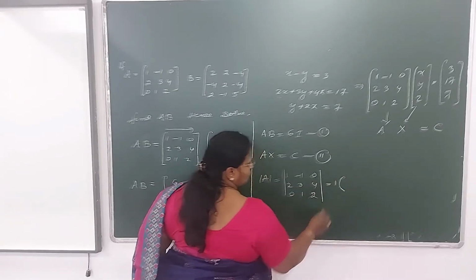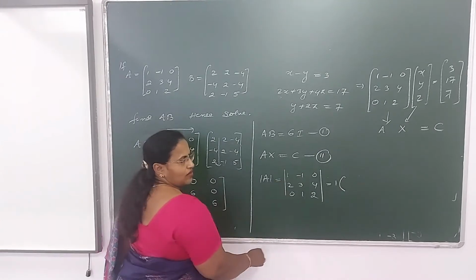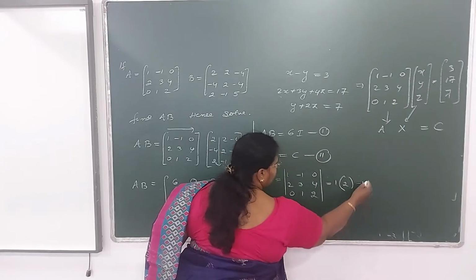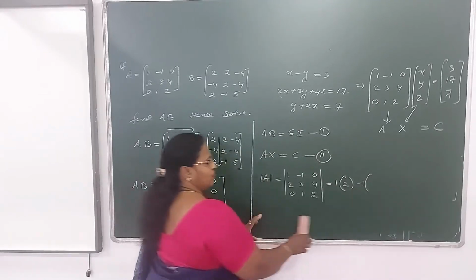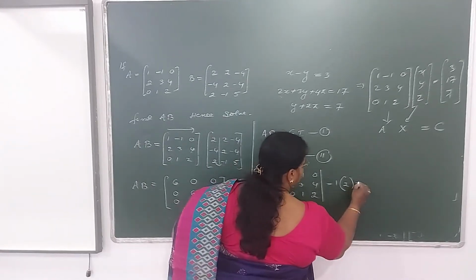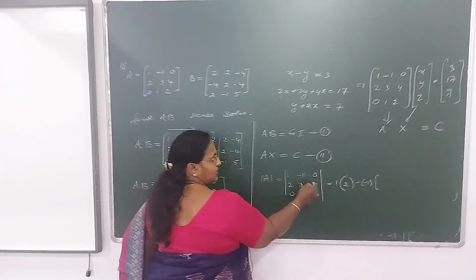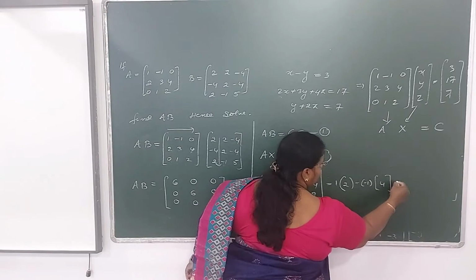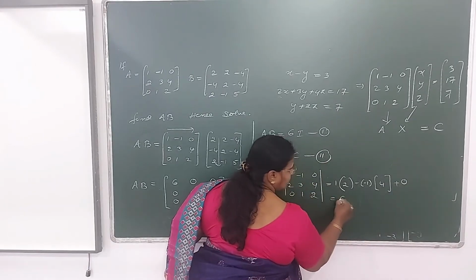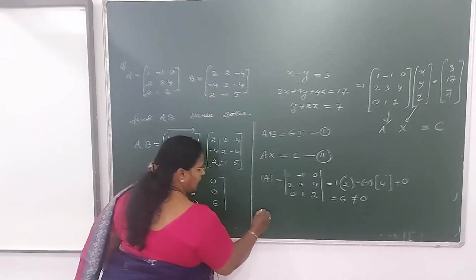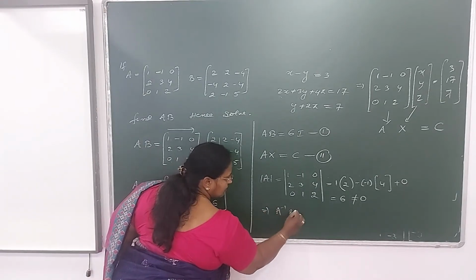So this is 1 into, delete the row and the column, it's 6 minus 4, it's 2, minus of 1 into, so it's minus of minus 1, right? So it's minus of minus 1 into 4 minus 0, it's 4, and the last term is 0, so that way it's coming 6, which is not equal to 0. This means A inverse exists.